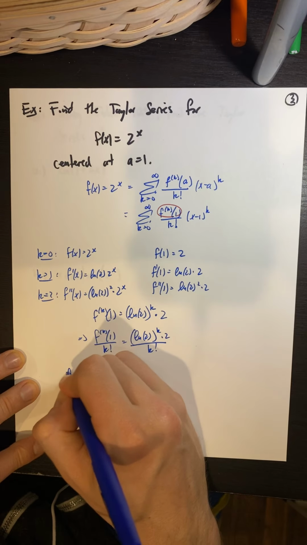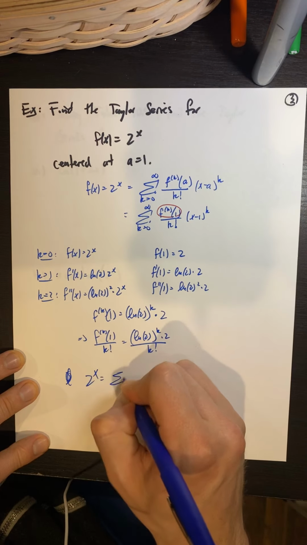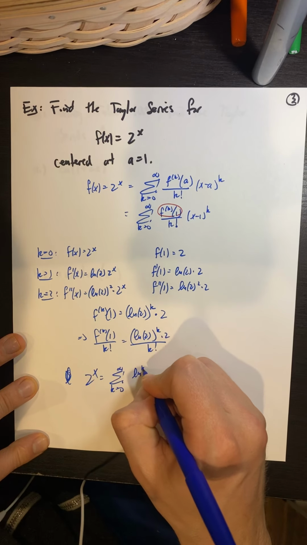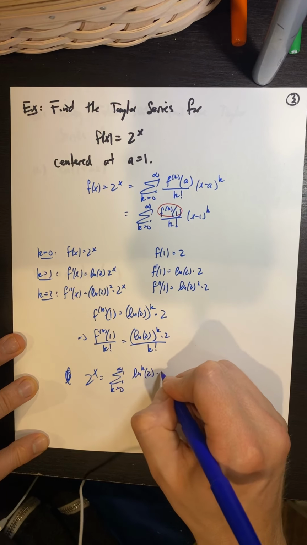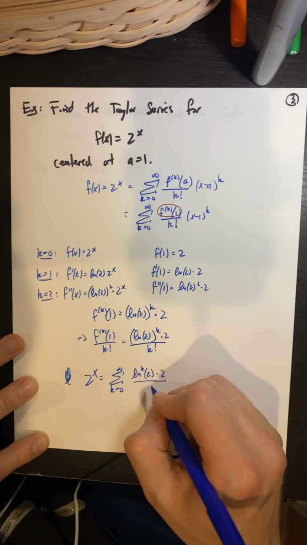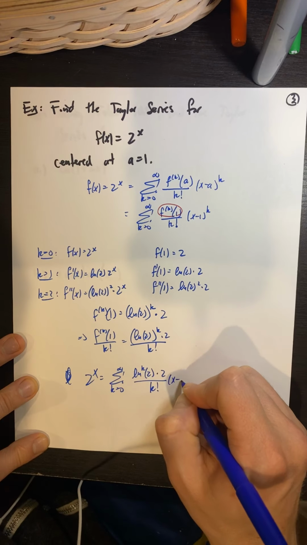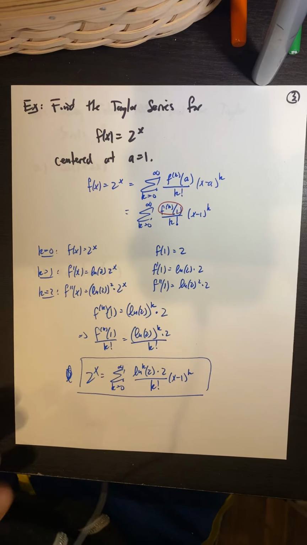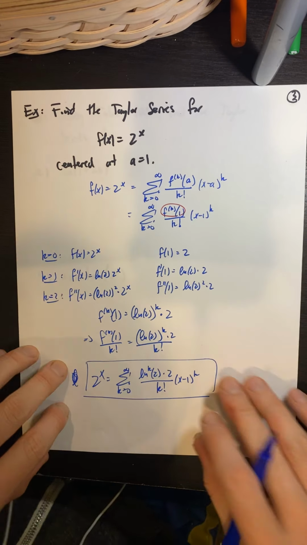Which means 2 to the x can be written as the series k equals 0 to infinity of ln of 2 to the k power, times 2, over k factorial, times x minus 1 to the k. So that is a Taylor series not centered at 0.